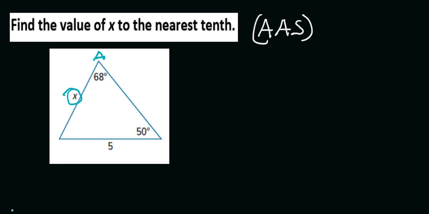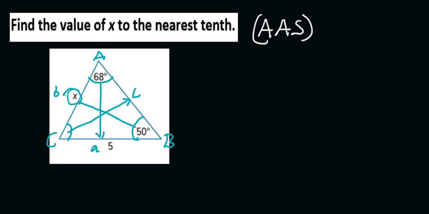This is A, B, and C. The side directly opposite A has the lowercase a, the side directly opposite B has the lowercase b, and the side directly opposite C has the lowercase c.